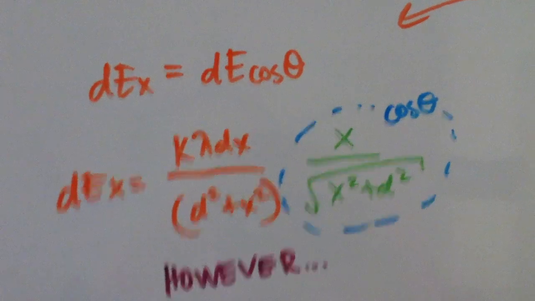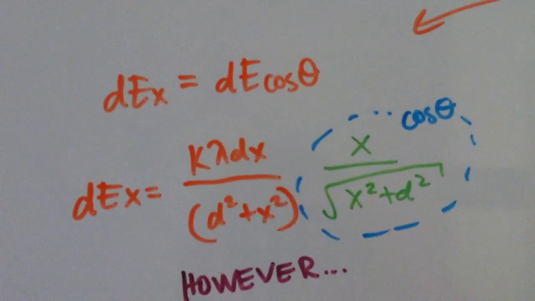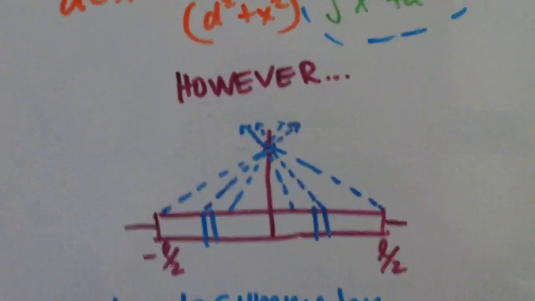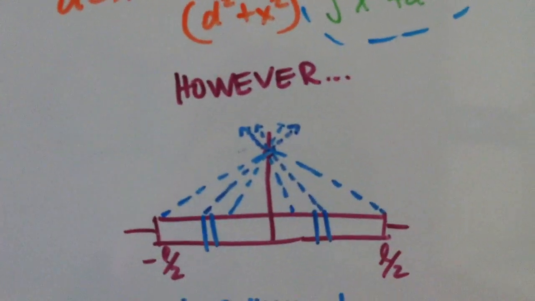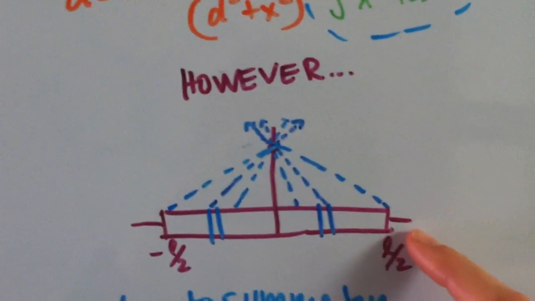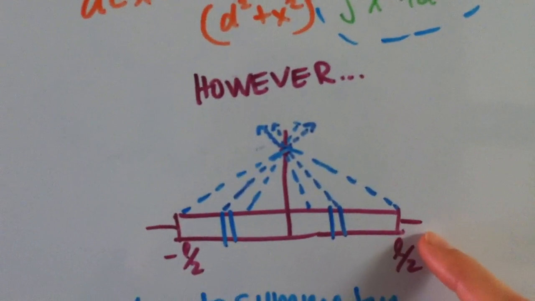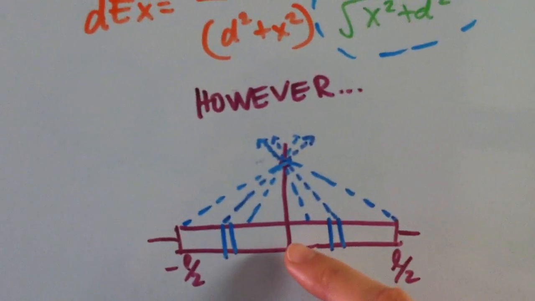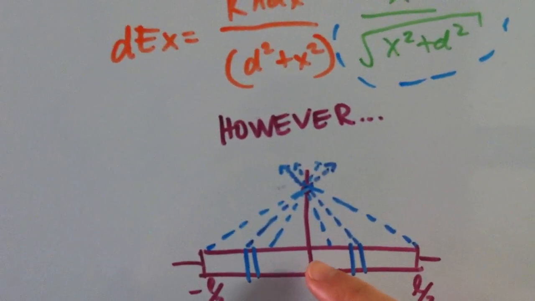However, now you have to look at a picture to see this next part, because we have this rod, if you remember, and it's a length L, but we've split it in half.